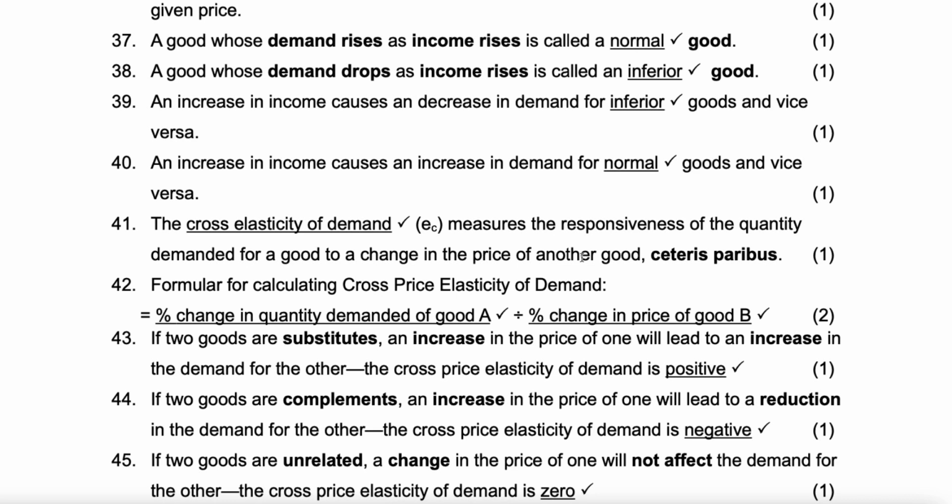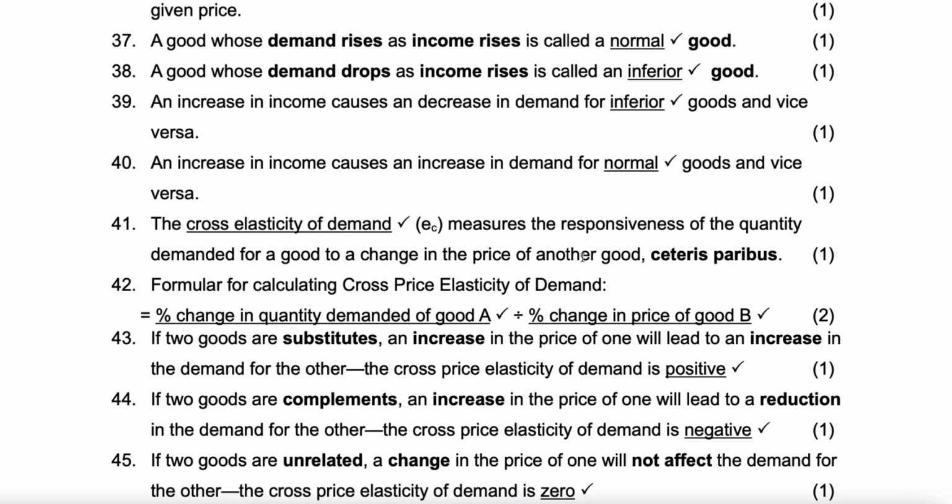Well, demand for coffee will drop because sugar is now expensive. So people drink less coffee because sugar is expensive. So it means that these goods are complements. Number three, what do you think would happen to demand for coffee if the price of tea goes up? Well, demand for coffee would go up, and it tells us that these goods are substitutes.